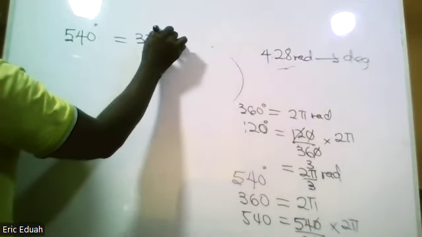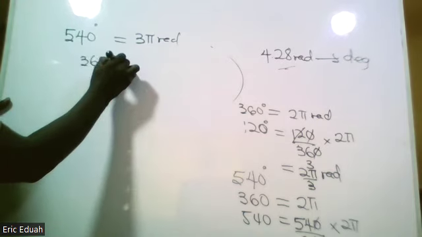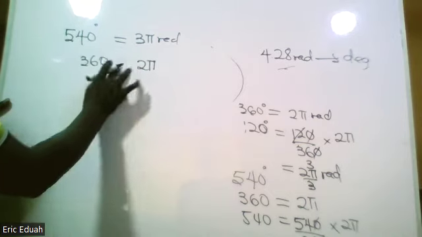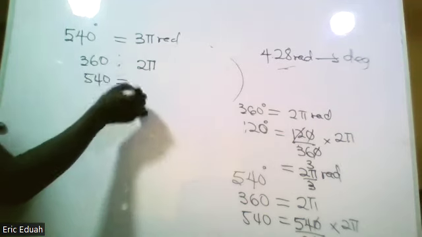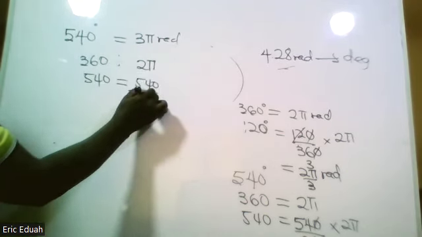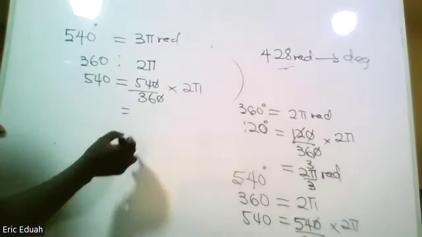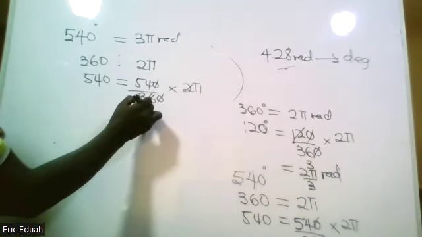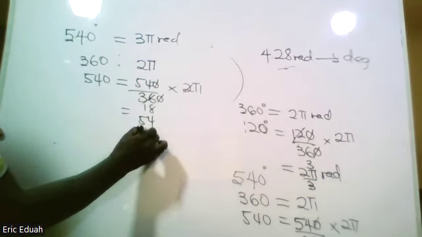Okay, let's see. So if 360 is equal to 2 pi radian, then 540 must be equal to more. If more, let's divide. So 540 over 360 times 2 pi. What is 54 divided by 18?